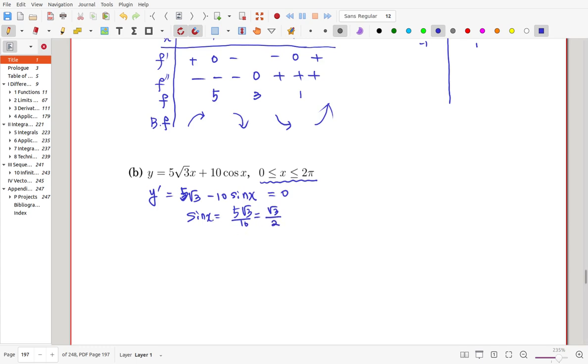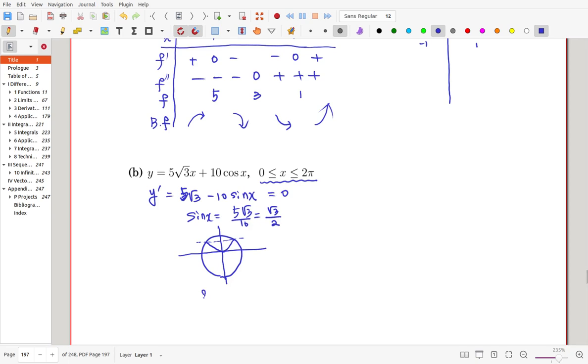Sine x is given in this way, so you can easily see that in the picture. Sine is the vertical component, so along the circle of radius 1, the height is square root of 3 over 2, so that angle and that angle.